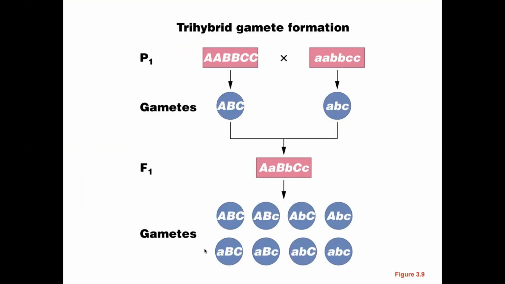If an individual can produce 8 different gametic types, and that's true for both parents, then your Punnett square to predict the outcomes in the F2 population would be an 8 by 8 boxed array. So you have 64 boxes to fill in, and then you summarize all of that information in terms of a genotypic and a phenotypic segregation ratio among the progeny in that F2 population.